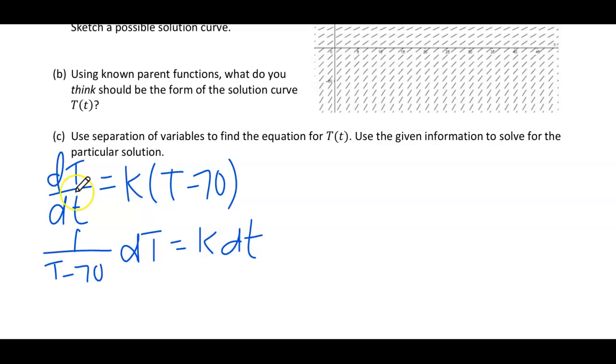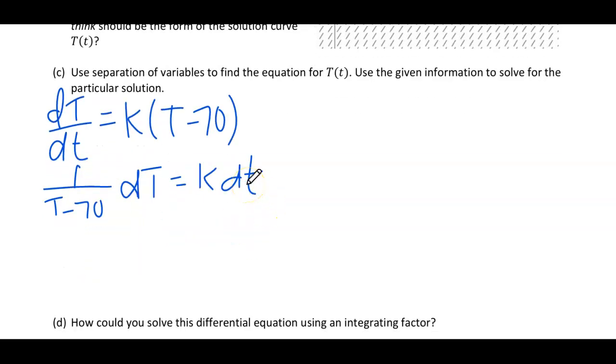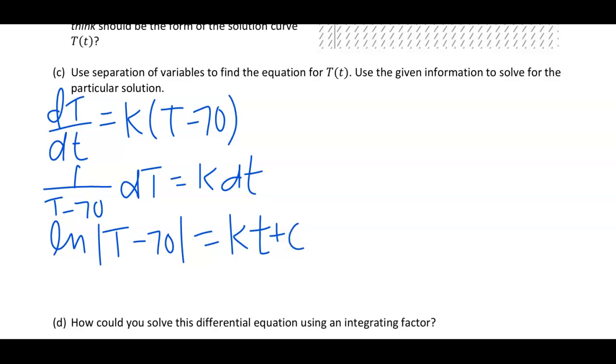And then I'm going to go ahead and integrate both sides. When I do that, I get the natural log of the absolute value of T minus 70 here, and I get kt plus c. I have an initial temperature that is higher than the temperature here, so I don't need to worry about the absolute value bars in this scenario.